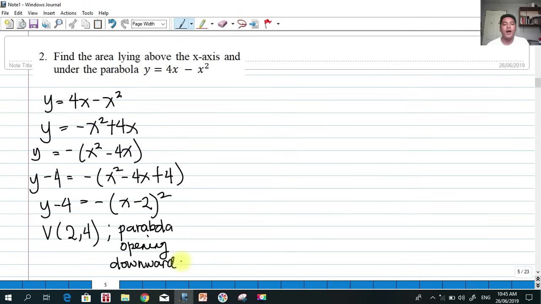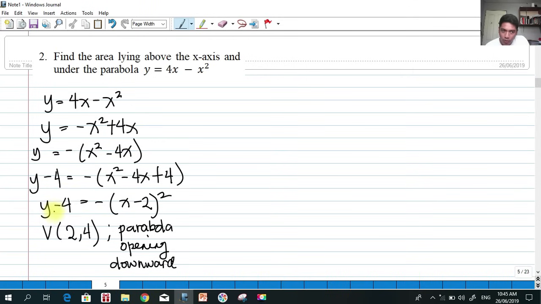So the shortcut on how to determine the opening of this parabola, my method, is that first take a look at the side of the equation that is not squared. In this case, that is y minus 4.